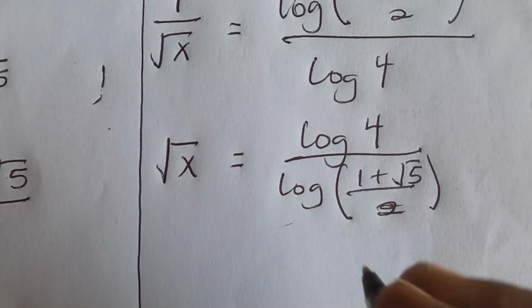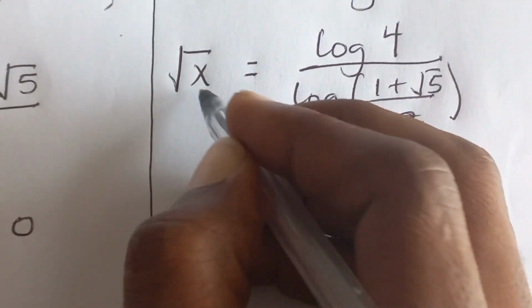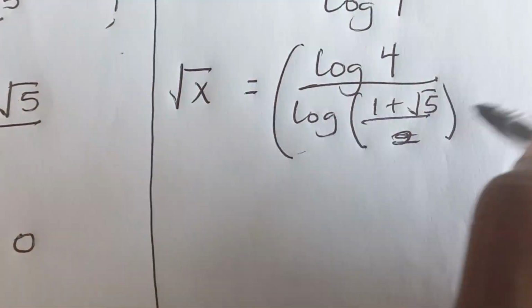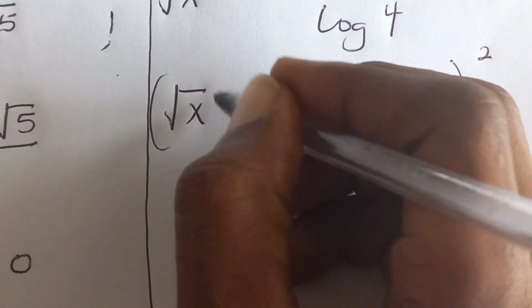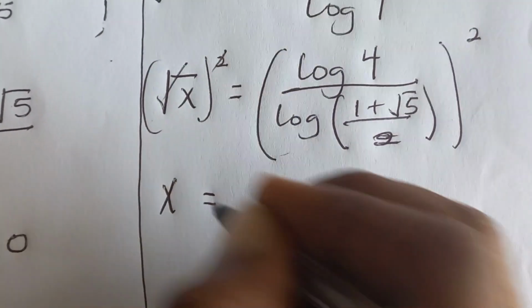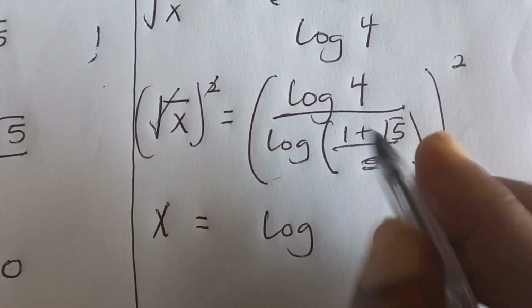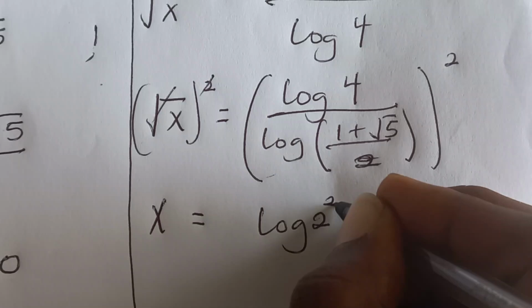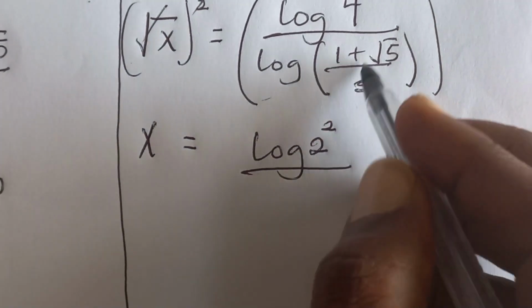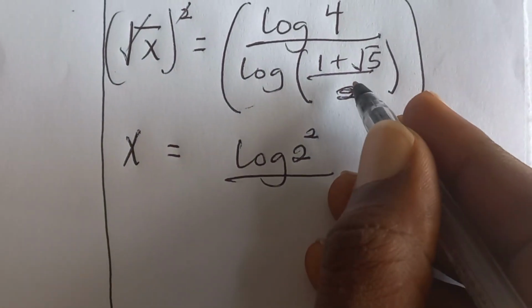So we want to make x the subject because we are looking for x. So we have to square both sides. Squaring both sides, we cancel this. So we have x equal to log 4, and don't forget this 4, we can express it as 2 squared, over log of, when you find the sum of this, you are going to get 1.618.